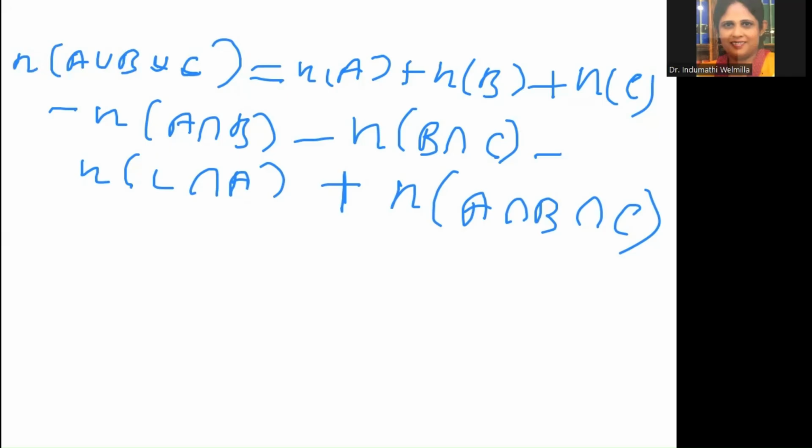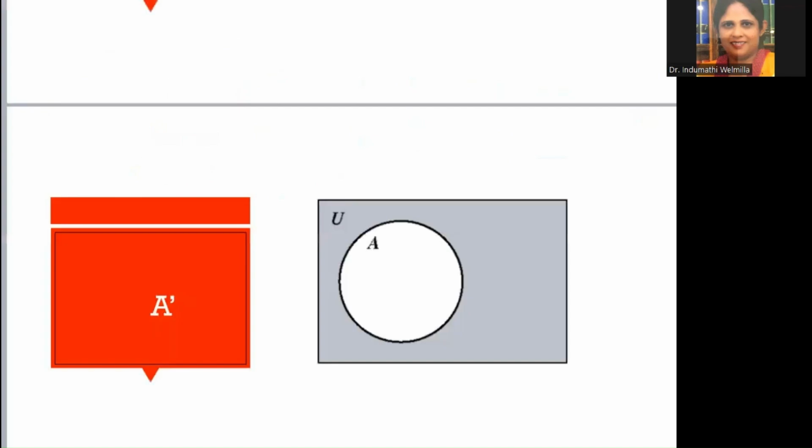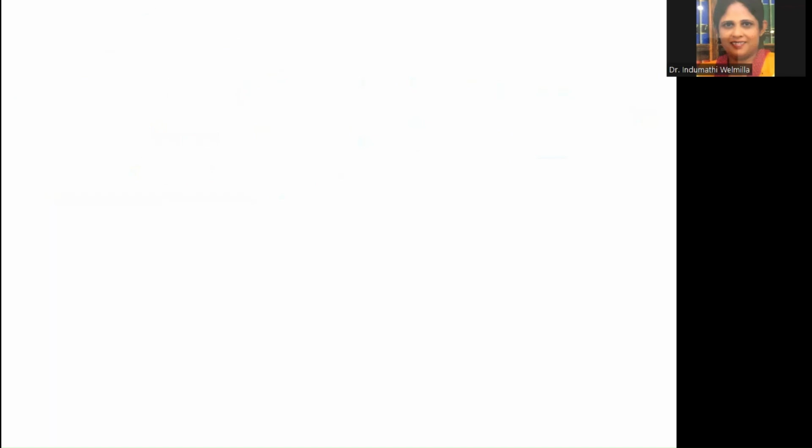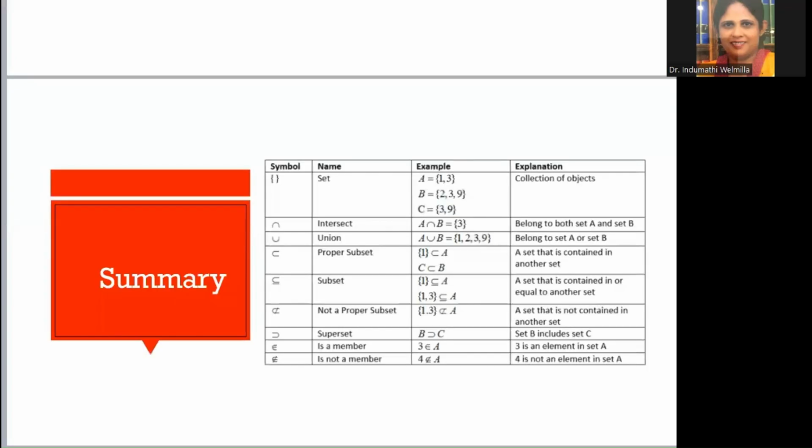Anyway, you have to keep set symbols in your mind always. Already we discussed, but as a summary, I would like to remind it again.